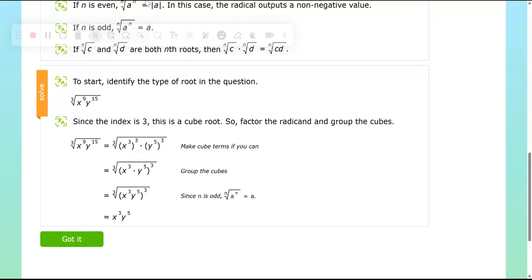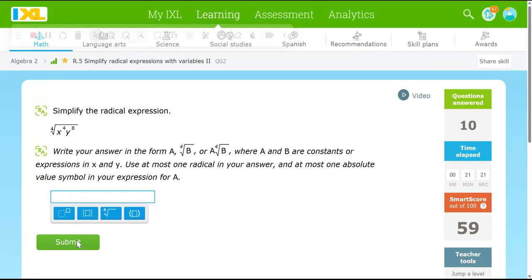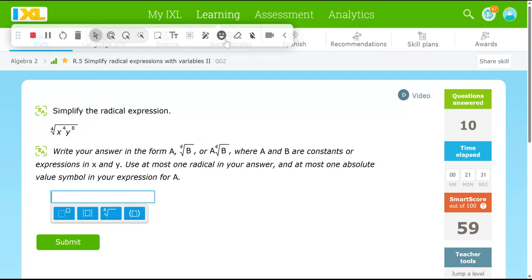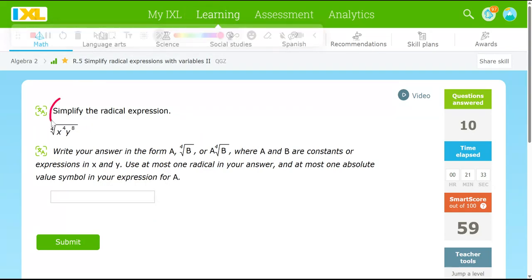All right, so let's go back over here. Okay, so we continue with this. Take a look over here. This is even root, so the answer needs absolute value sign. Okay?